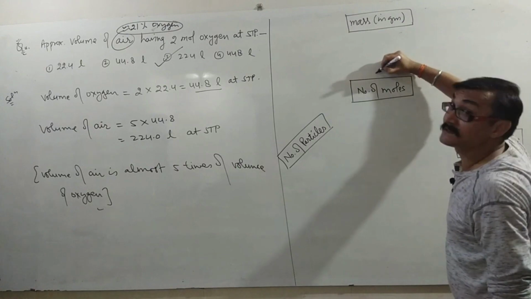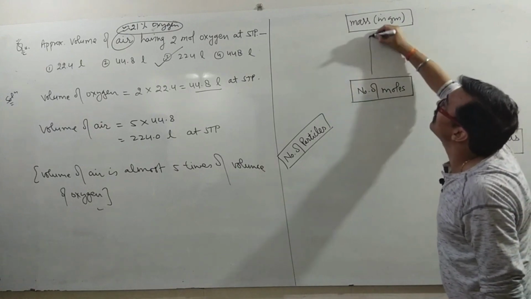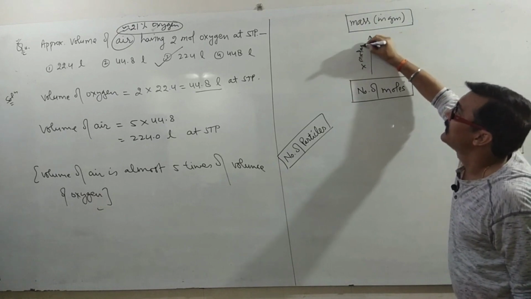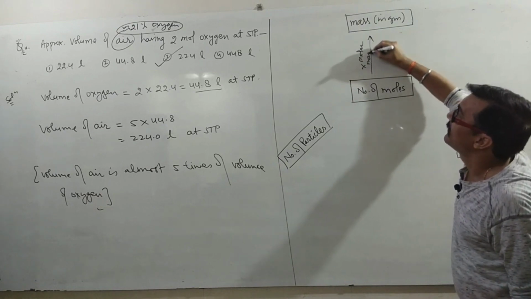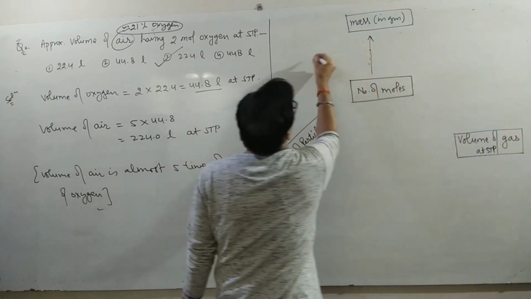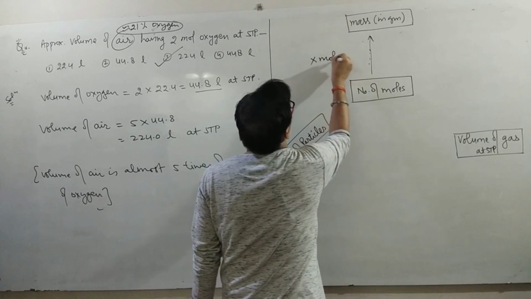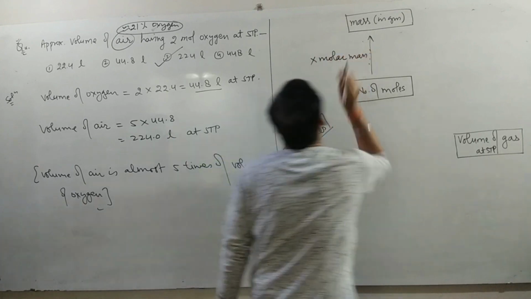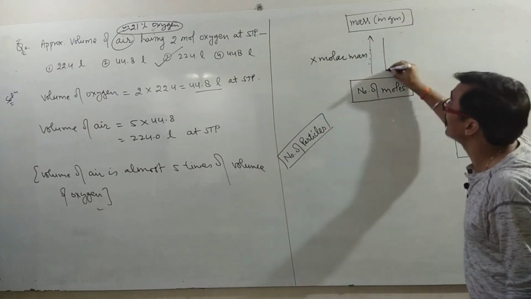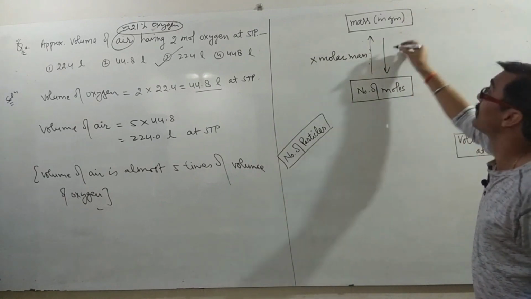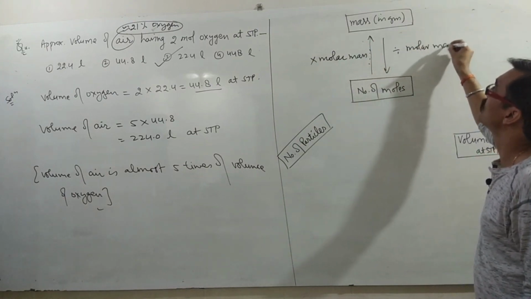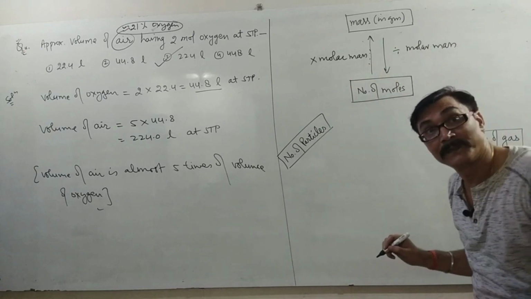When number of moles is changed into mass in gram, it should be multiplied by molar mass. And if you want to find number of moles from mass, then mass divided by molar mass is equal to number of moles.